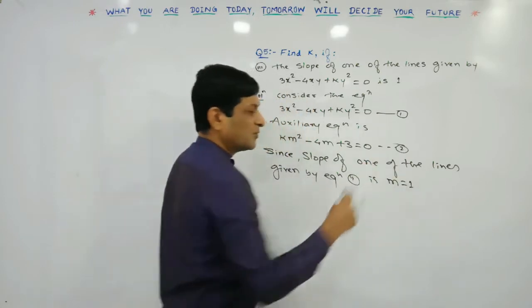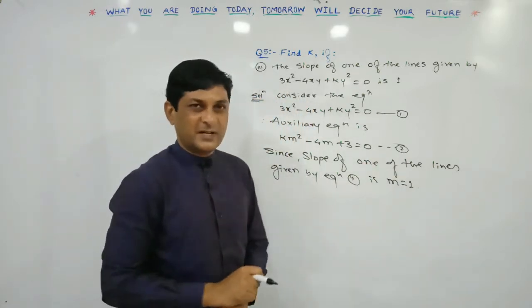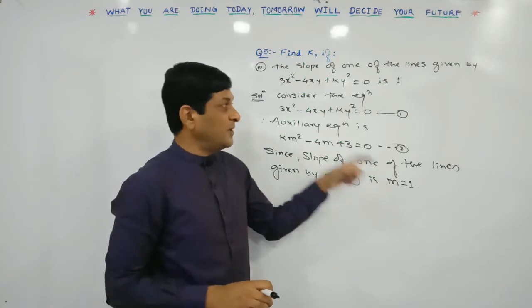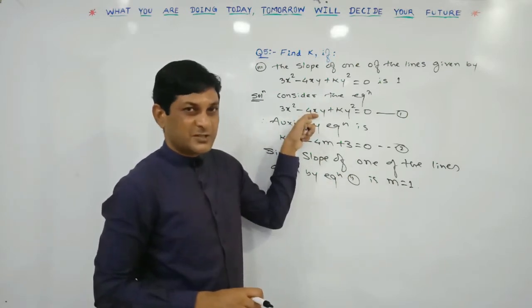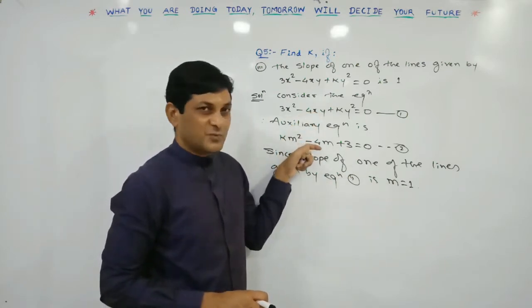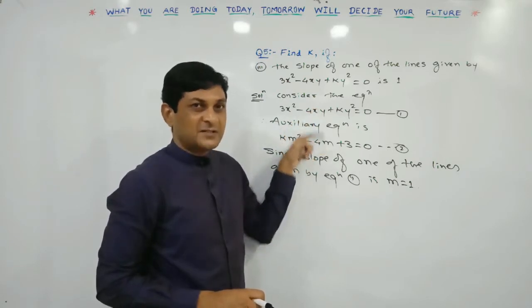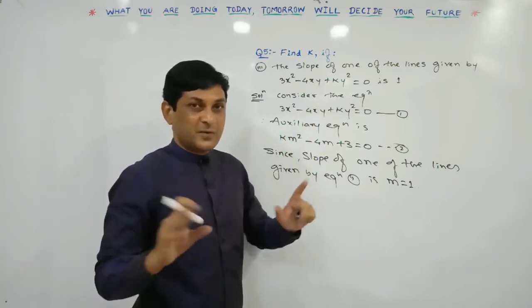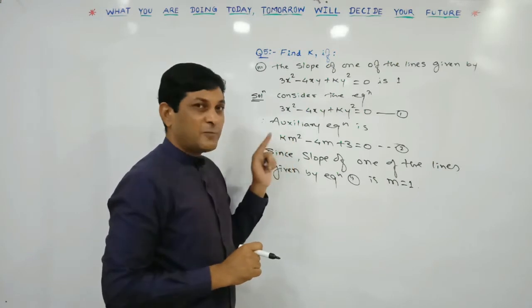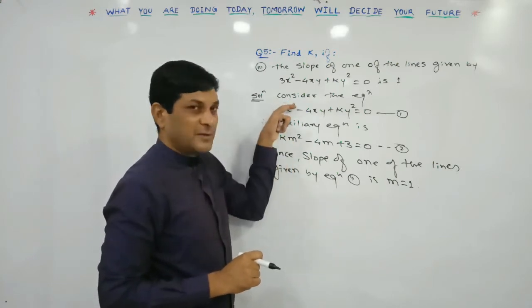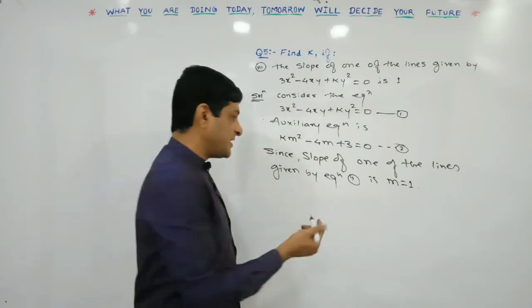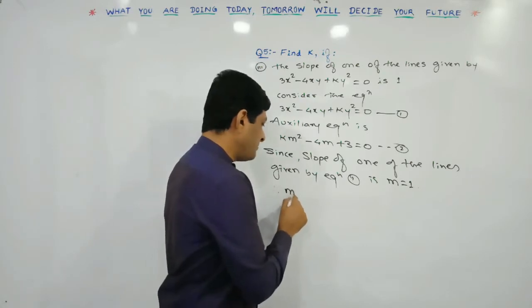Let us denote the slope by m. So we are using the given condition. This is the slope of one of the lines represented by this equation, and its auxiliary equation is this one. The auxiliary equation and this equation are exactly the same, because if we replace m by y by x, we get the same equation.